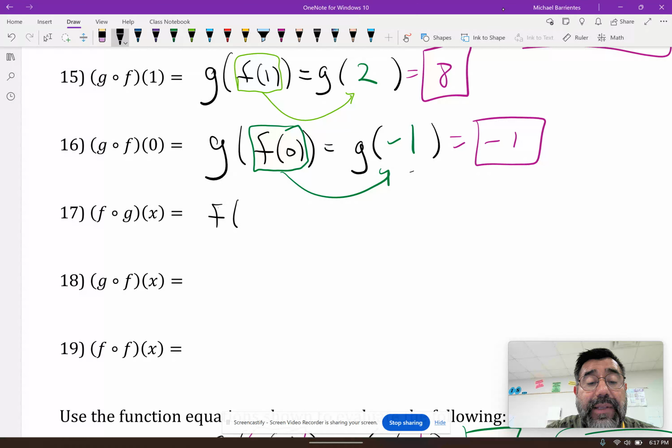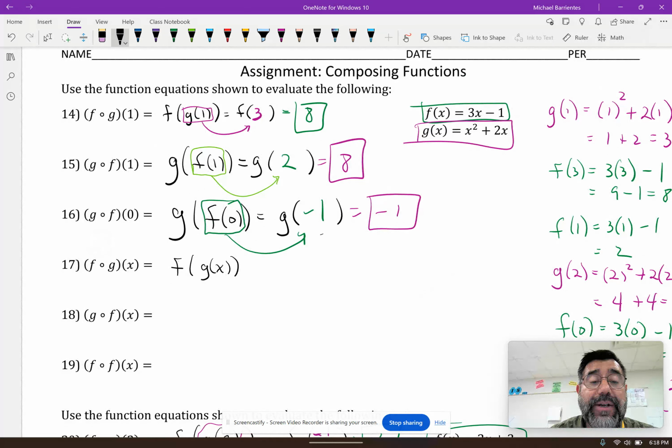But that really means f of g of x. And if you think about it, this is my inside function, which is this one. We are going to put that function, x squared plus 2x, inside of the outer function f.